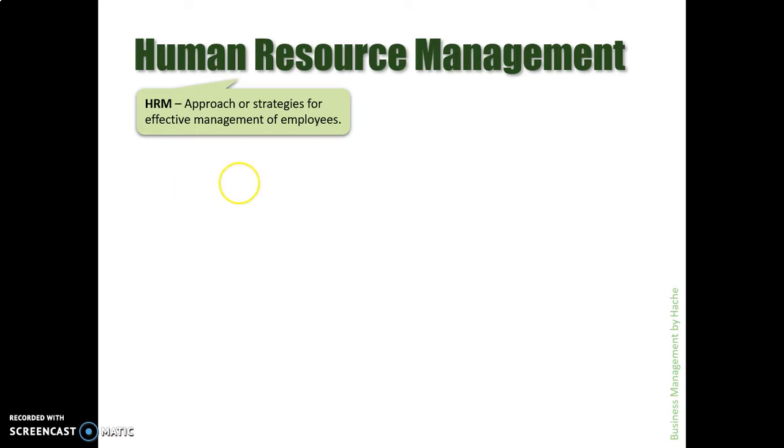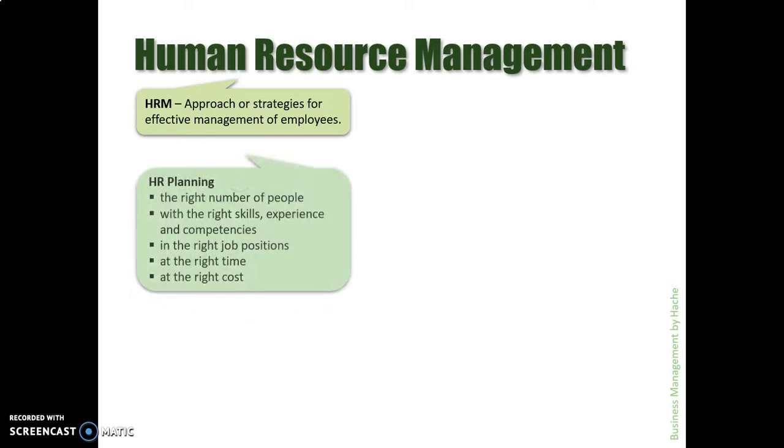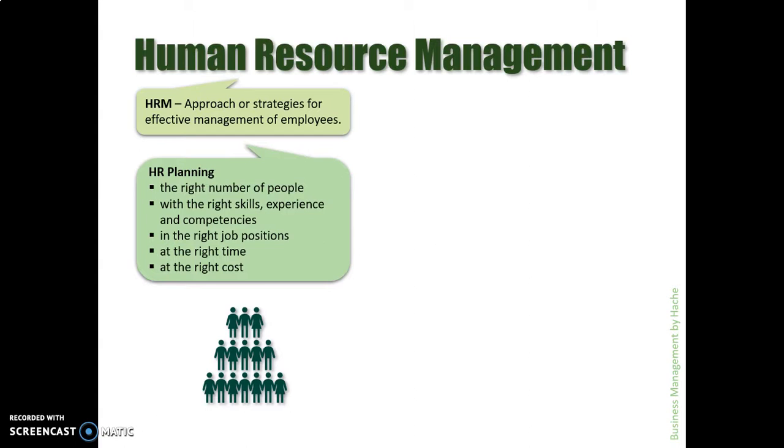Okay, so in order to get that, we have a human resource plan, and human resource planning includes considering the right number of people that you need in your business. How many workers or employees do you actually need? It's about identifying which specific skills, experience, and competencies you want them to have in order to work effectively in every single job position.